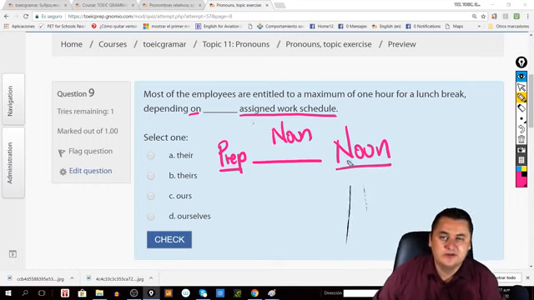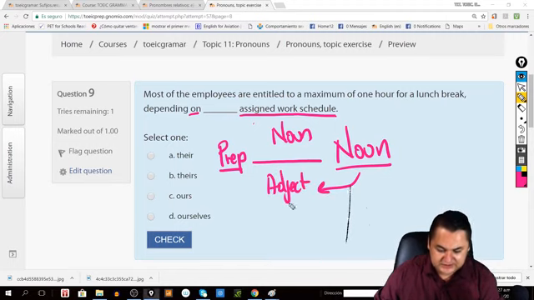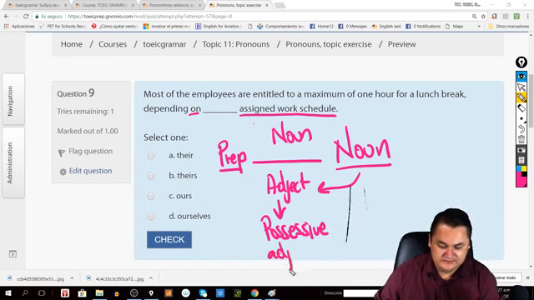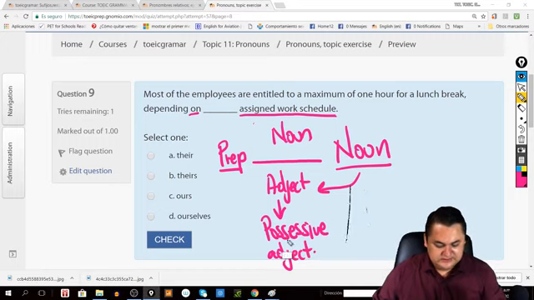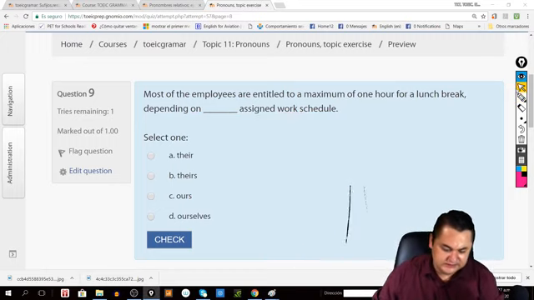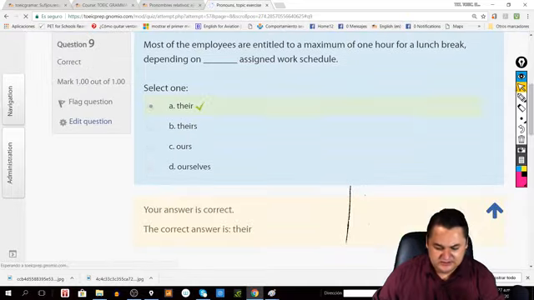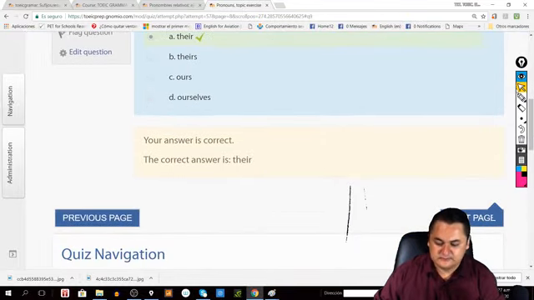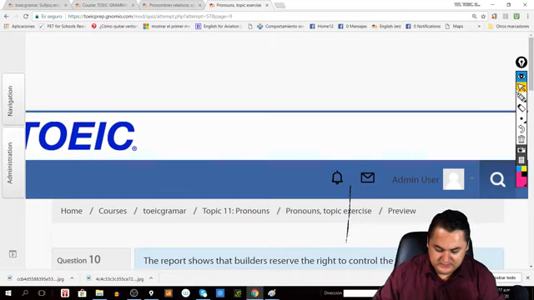My schedule, your work schedule, or your assigned work schedule. And if you have a noun, you are going to look for an adjective, which in this case is going to be a possessive adjective. So that's why our answer is option A, depending on their assigned work schedule. And we click on next.